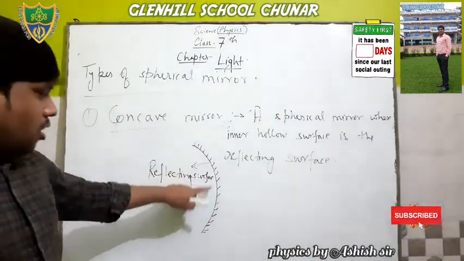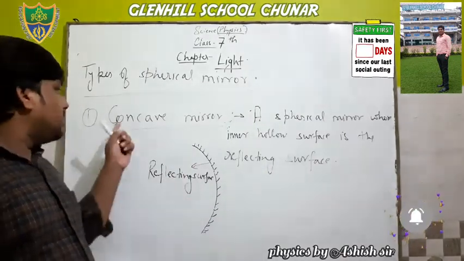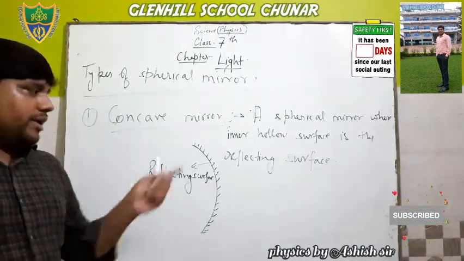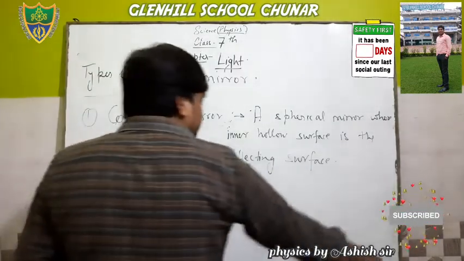It means if the inner hollow sphere acts as a reflecting surface, then this type of mirror is known as a concave mirror. Clear, all of you? Note it. Okay, I hope you noted it, so we rub it.